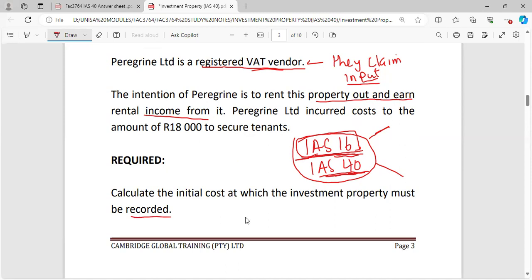They also say they incurred a cost of 18,000 to secure the tenants. So they want us to calculate the cost at which we are going to record this investment property. So how do we determine the cost of the investment property?